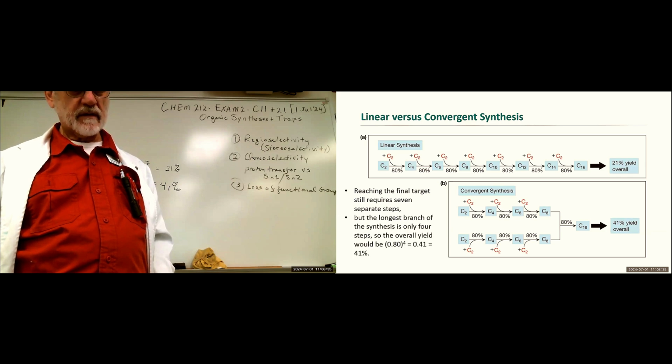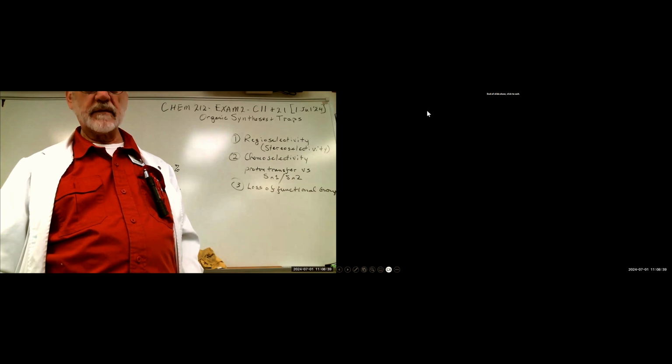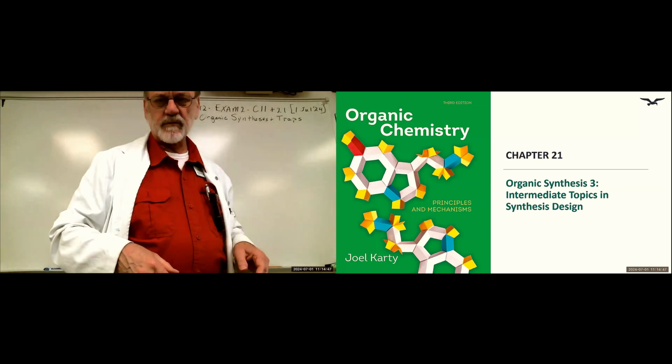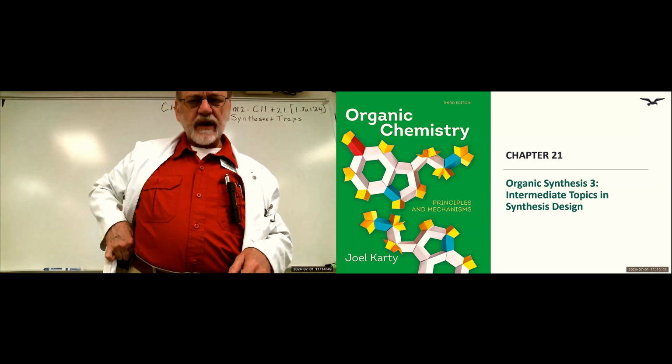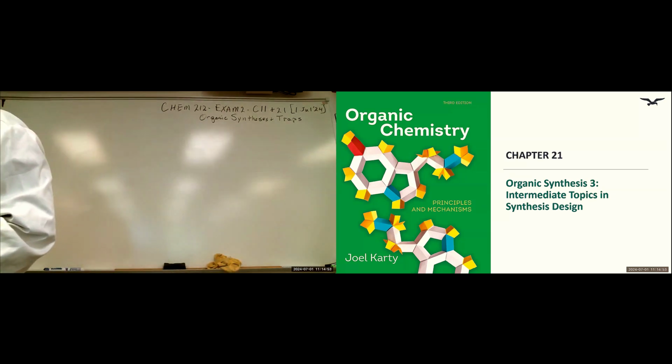Okay. Let's see. That's it for that one. All right. Chapter 21. This one shouldn't take too long because I cut out the first section altogether. The first section was on considerations when a synthesis calls for a new carbon-carbon bond.